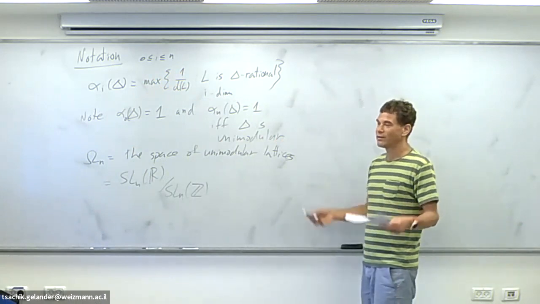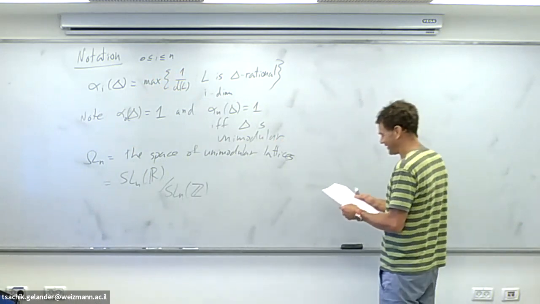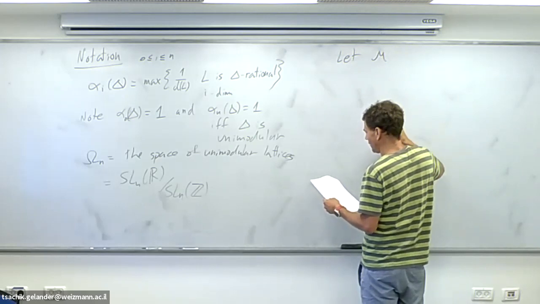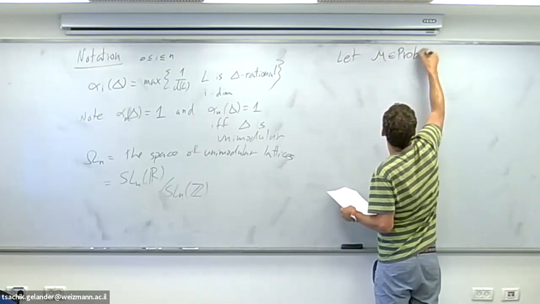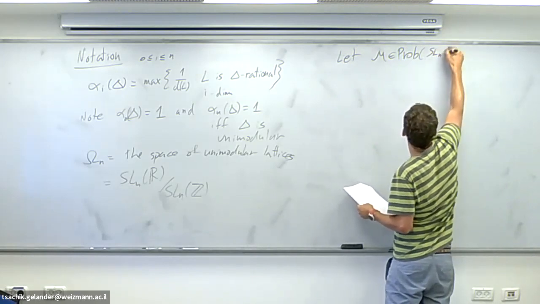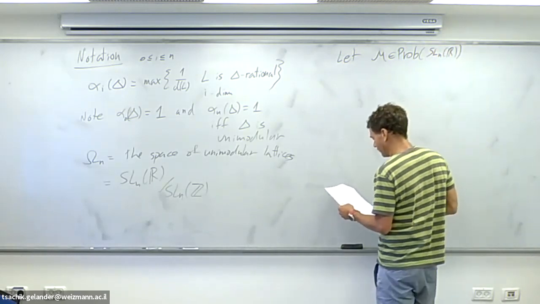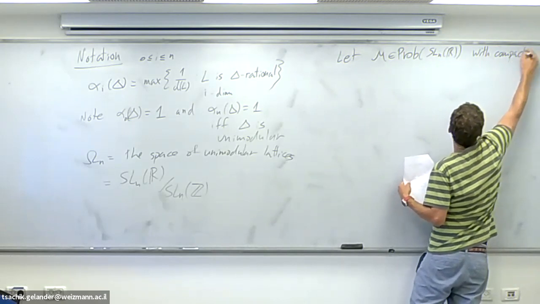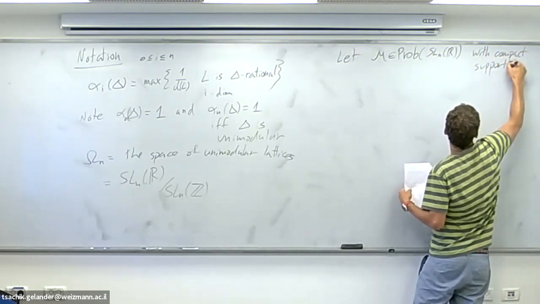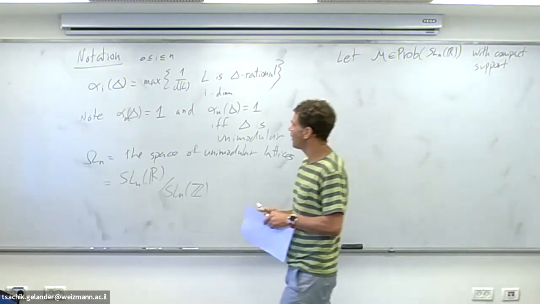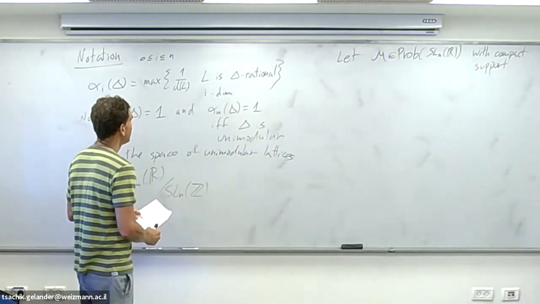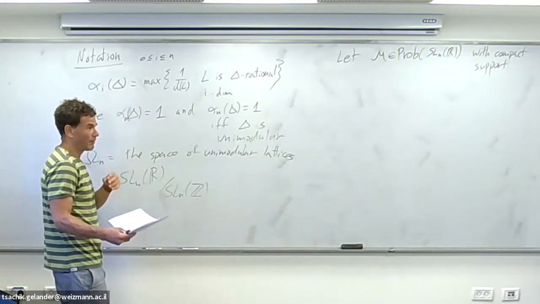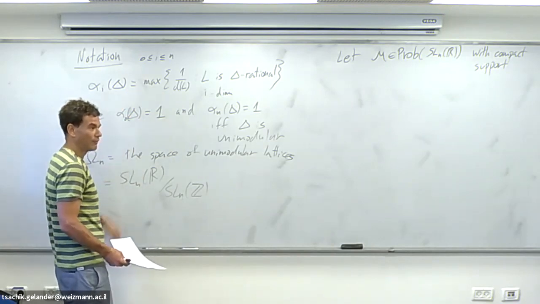We're close to the end of the technical stuff. Let mu be a probability measure on SL n R with compact support. Alpha 1 is proper: alpha 1 is one over the length of the shortest vector. The only way to go to infinity in the space of lattices is that alpha 1 goes to infinity.